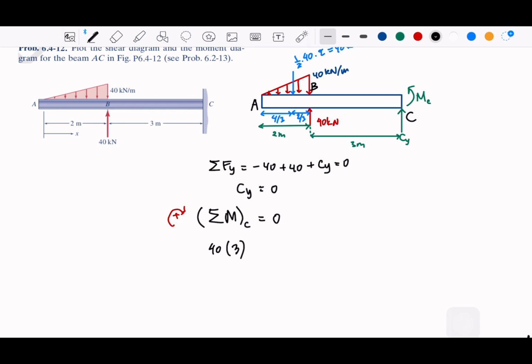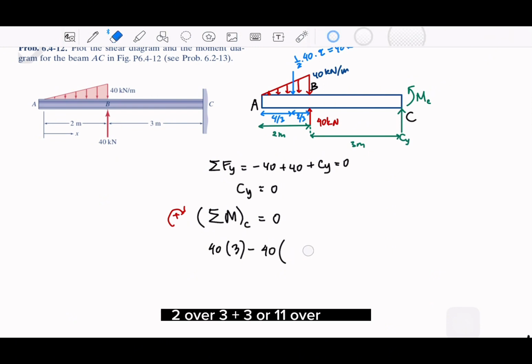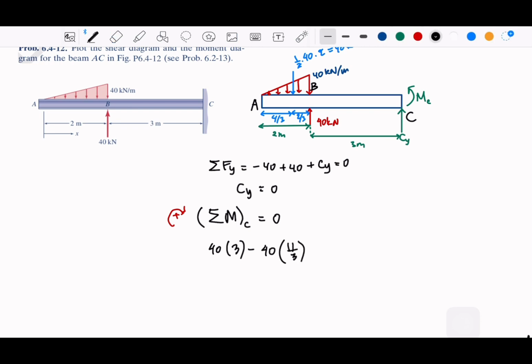So 40 and then negative 40, times 2 over 3, 2 over 3 plus 3, or 11 over 3, right?